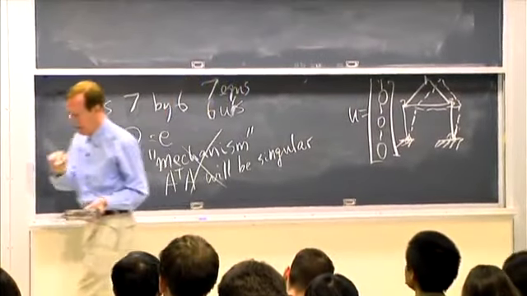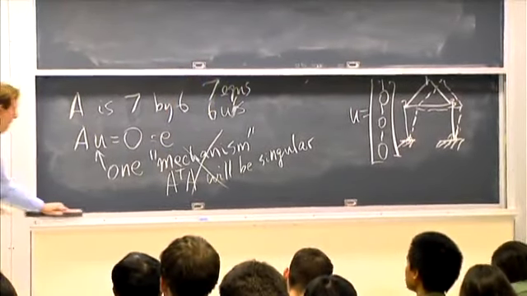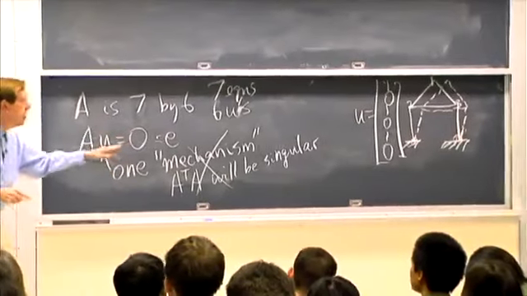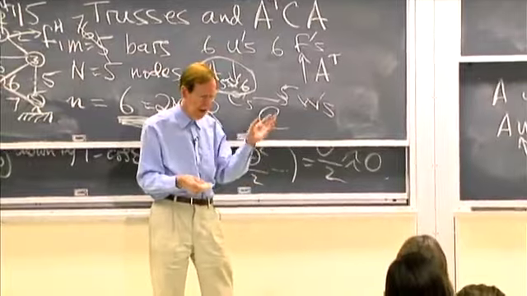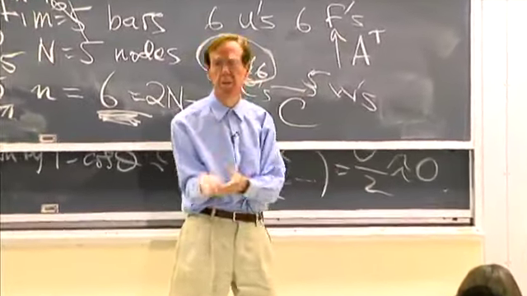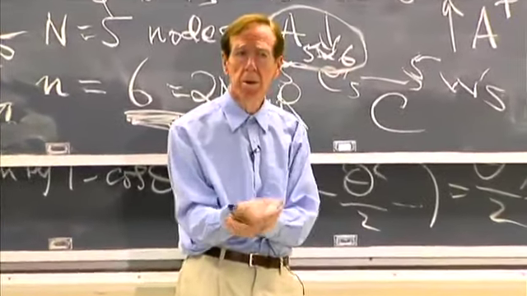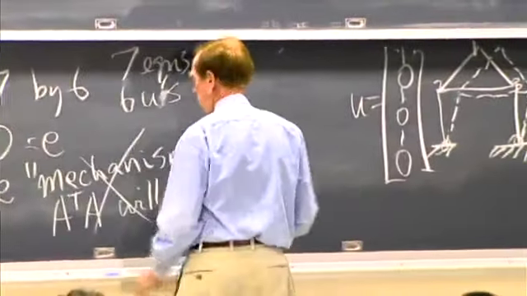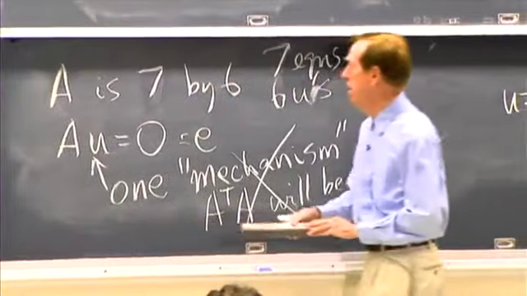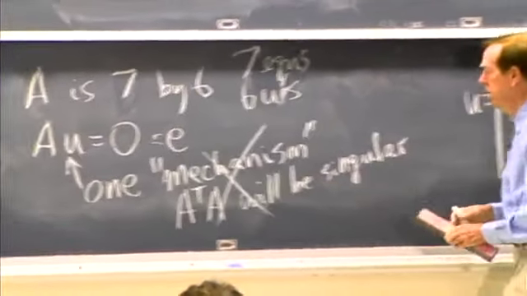So we begin to get a feel for whether there are solutions. What I'm saying is, I can't tell just from the count that A is not singular. I could have a lot of bars and still be unstable. Invent a truss for me. How could you invent a truss that had, maybe, 7 bars?